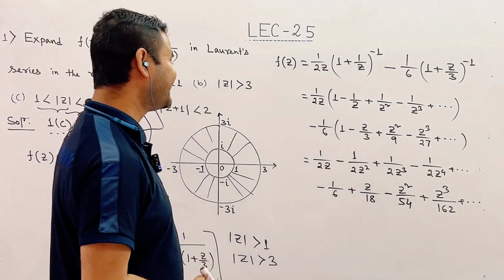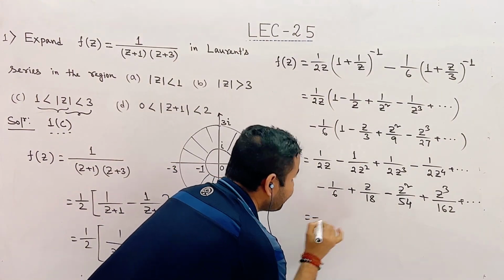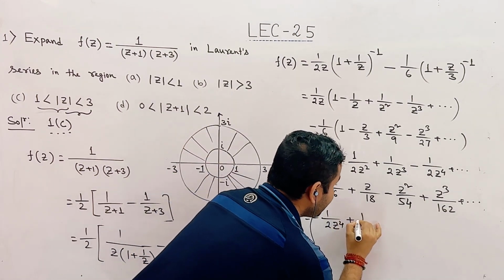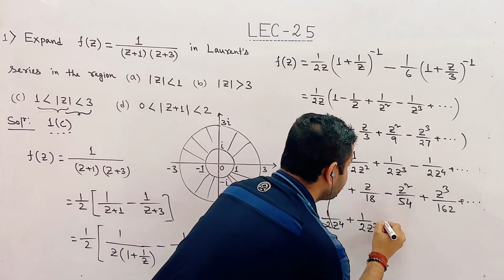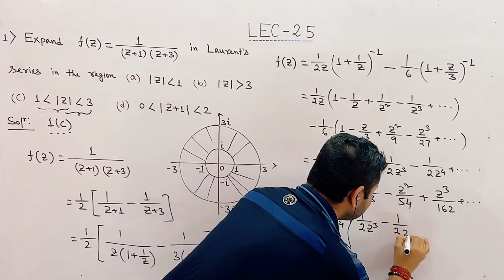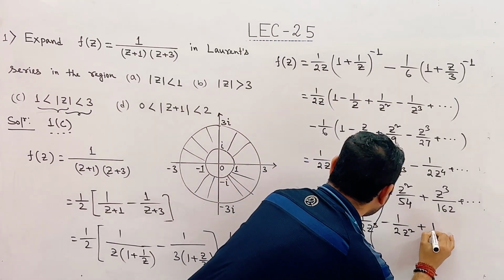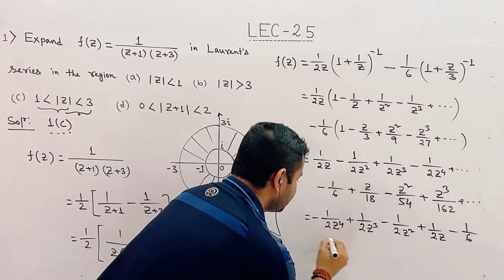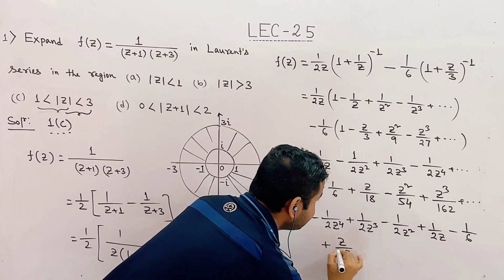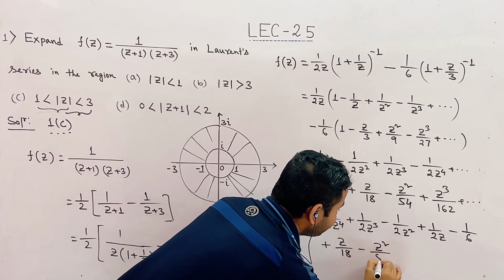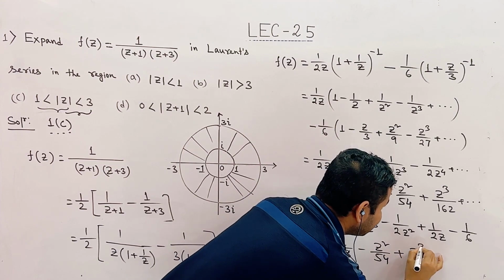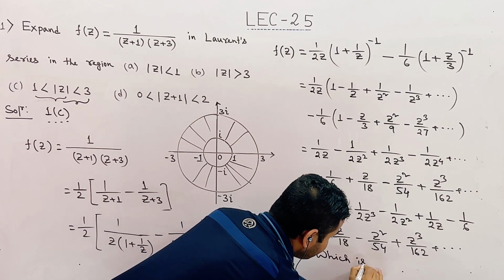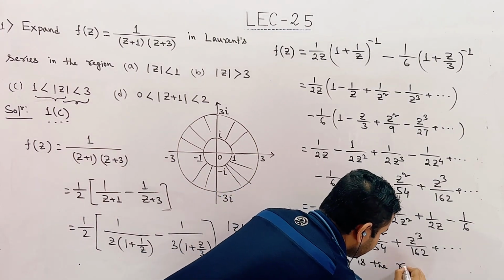So, finally, we will get the series as follows: minus 1 by twice z to the power 4 plus 1 by twice z cube minus 1 by twice z square plus 1 by twice z minus 1 by 6 plus z divided by 18 minus z square divided by 54 plus z cube divided by 162 plus dot dot dot, which is the required expansion.